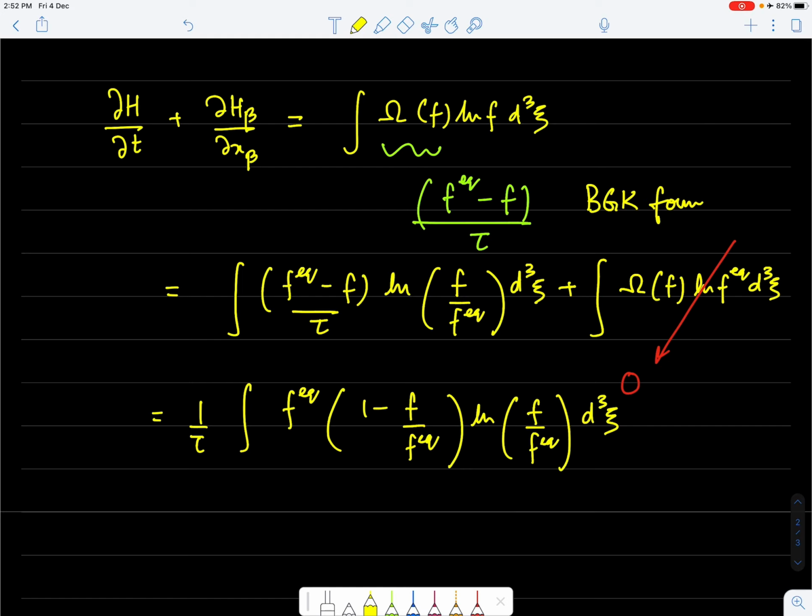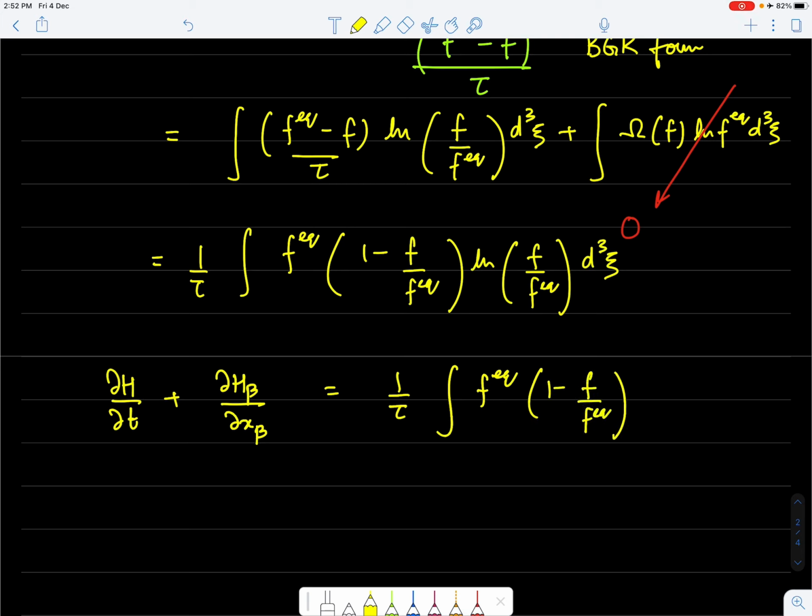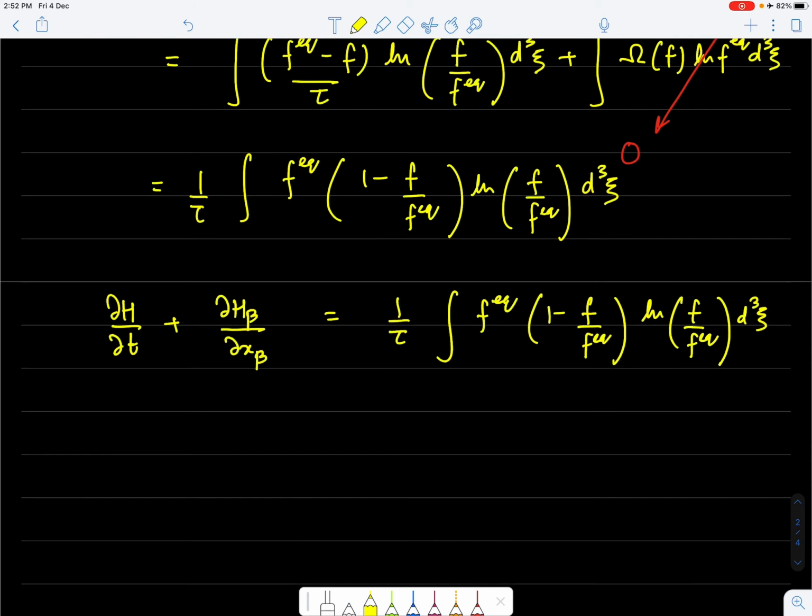So finally what we have is dh by dt plus d h beta by dx beta is equal to 1 by tau integral f equilibrium (1 minus f by f equilibrium) log f by f equilibrium d3 xi.